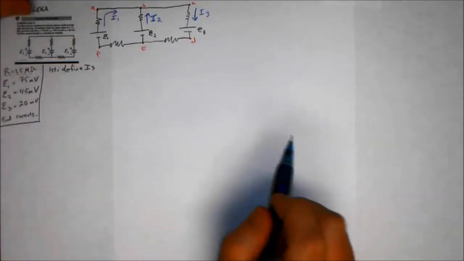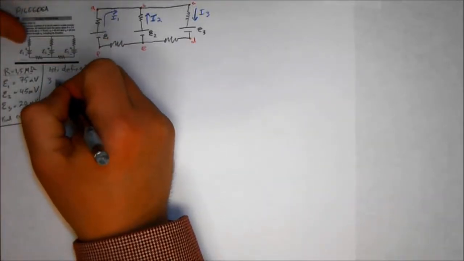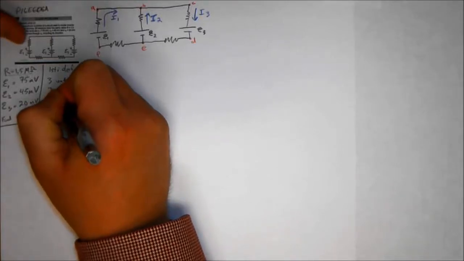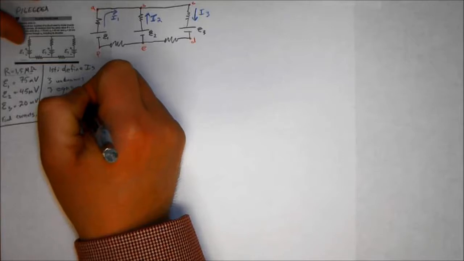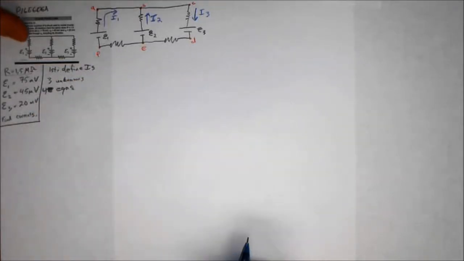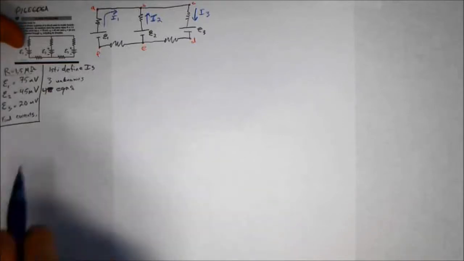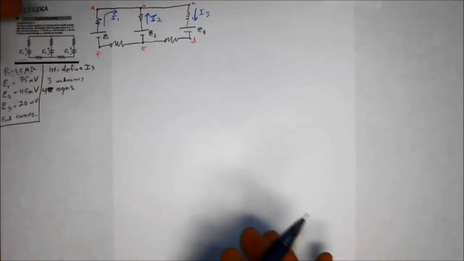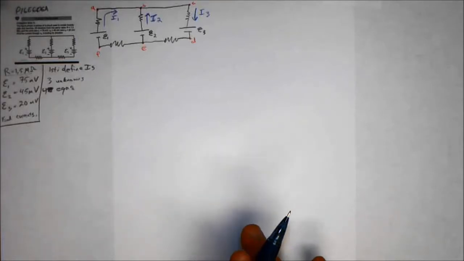Okay, so we have 3 unknowns. We need 3 equations to solve for them, but we will actually be able to obtain 4. So I'm going to give you all 4 equations, just so you know you have options.